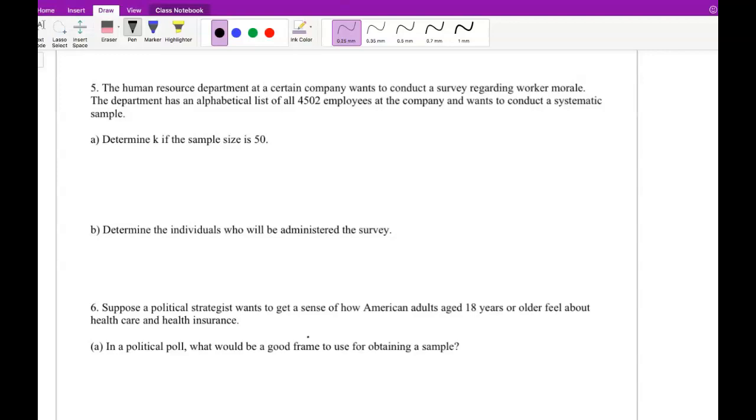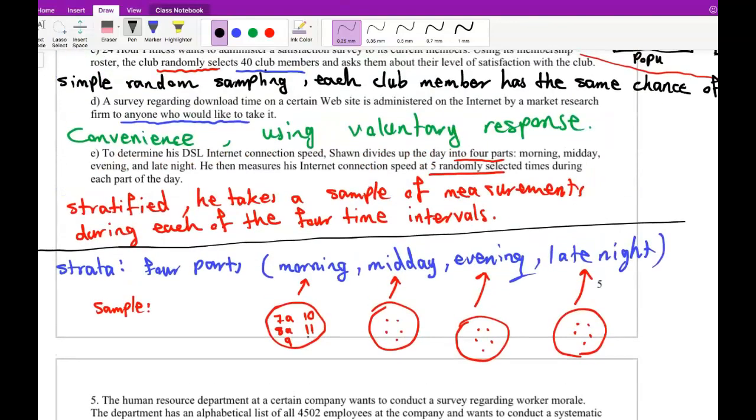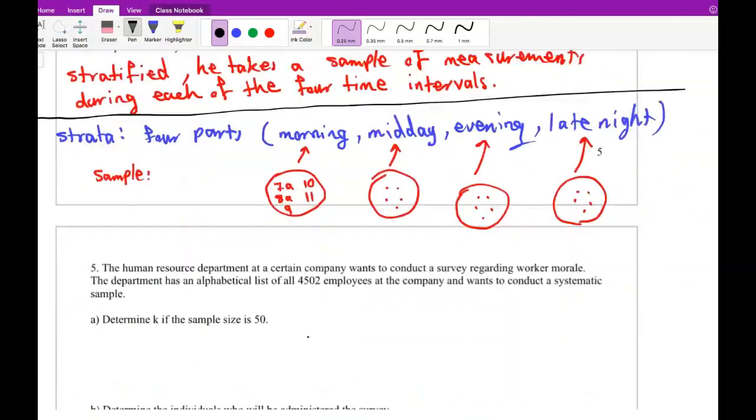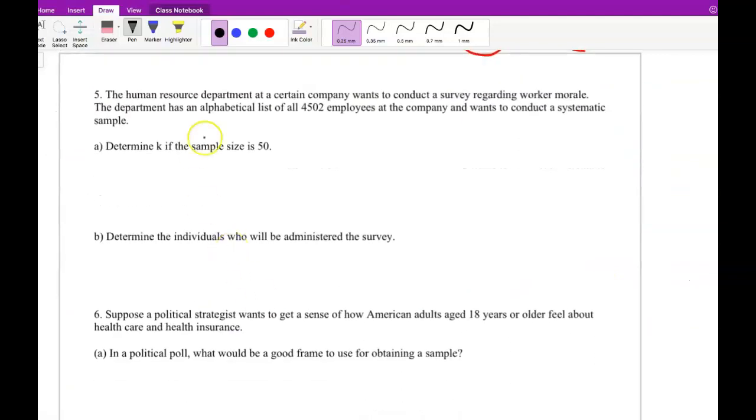Okay, next part. This was example number 4. Example number 5. The human resource department at a certain company wants to conduct a survey regarding worker morale, and the department has an alphabetical list of 4,502 employees at the company and wants to conduct a systematic sample.